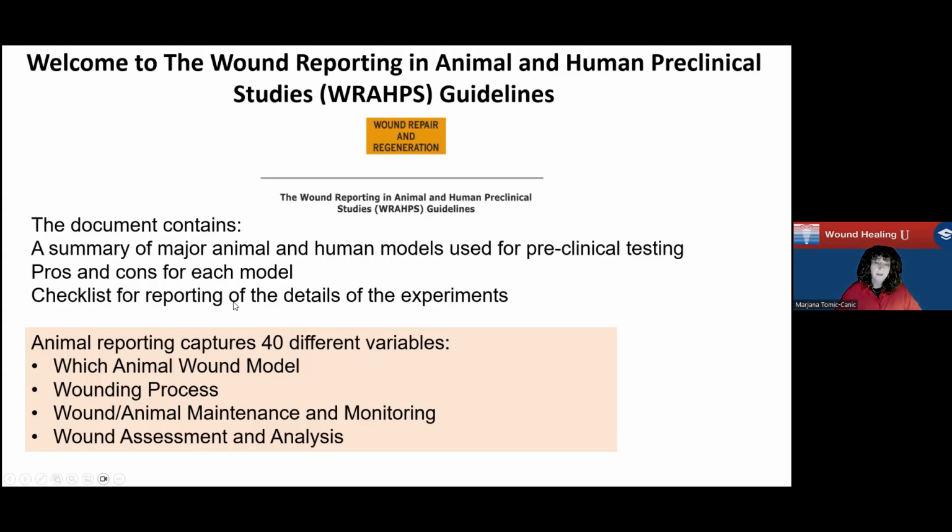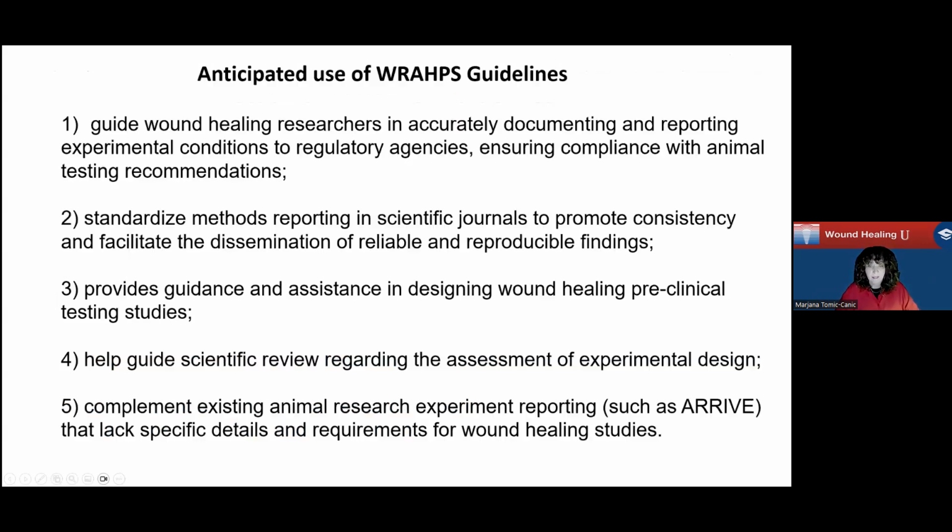And so we try to capture, again, not every experiment can be captured, so these are mostly standardized different variables that are typically used in a wound healing experiment. Capturing which animal wound model was used, details of the wounding process, animal maintenance and monitoring, wound assessment and analysis.